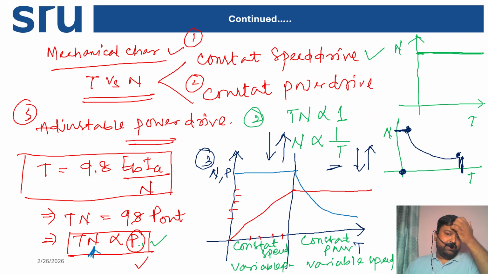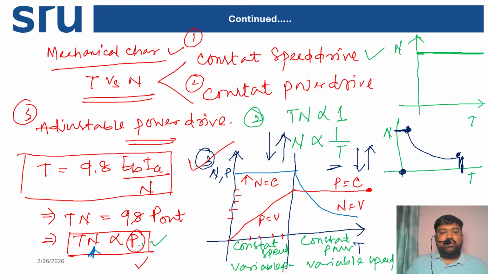You can put here constant speed, n equal to constant, and here n equal to variable, p equal to variable, and p equal to constant. These are the conditions: constant speed drive, constant power drive, and adjustable power drive, which is possible across the DC shunt motor. These are all about your shunt motor.